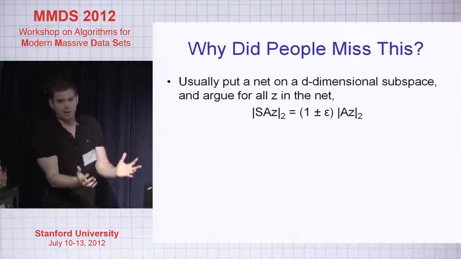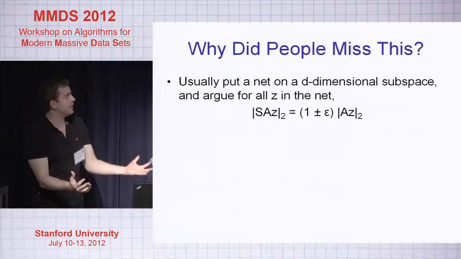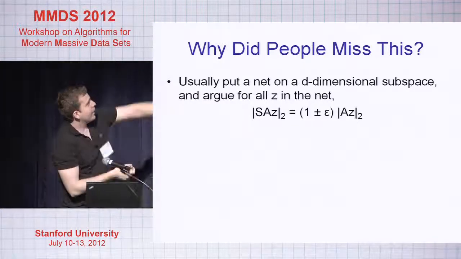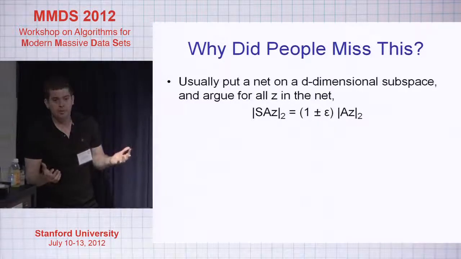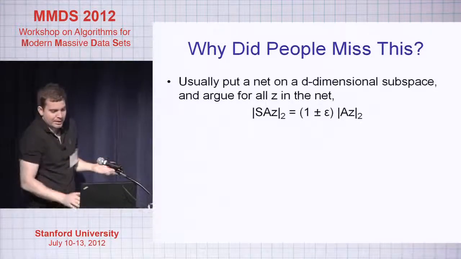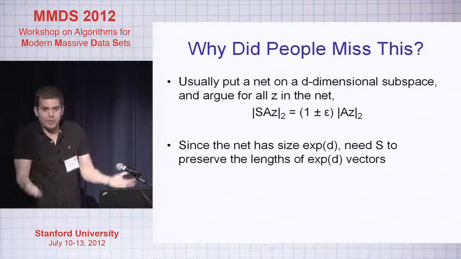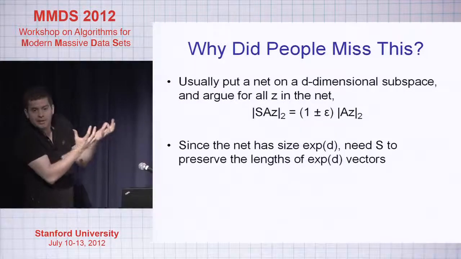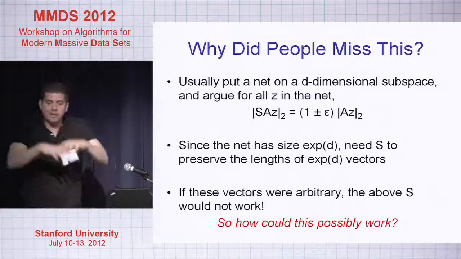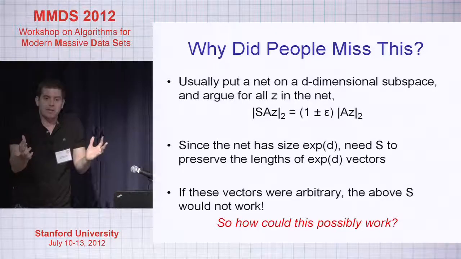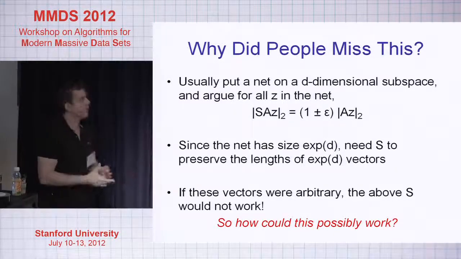If I have a d-dimensional space, I have, say, exponential in d vectors, and you argue that for all vectors in the net the 2 norm is preserved. So now you've reduced the problem to a discrete problem: S will preserve the length of all vectors in this net. And then you argue that since the net is sufficiently fine, you preserve the lengths of all vectors in the subspace. That's how all these arguments worked.